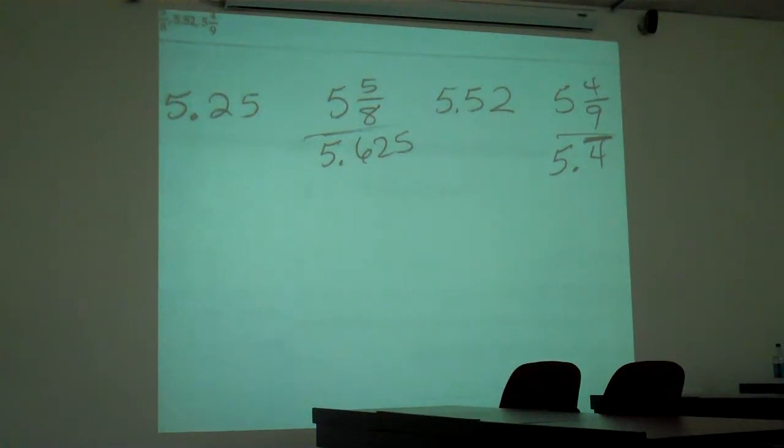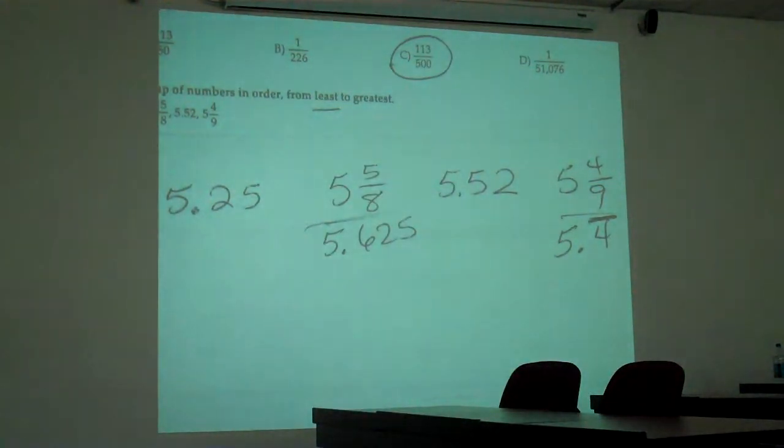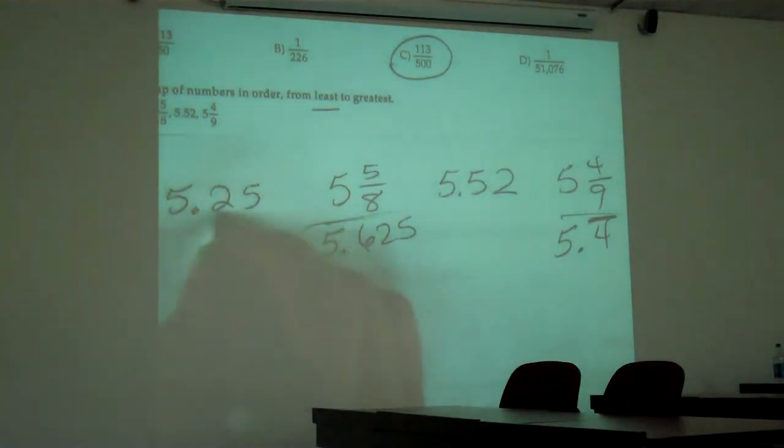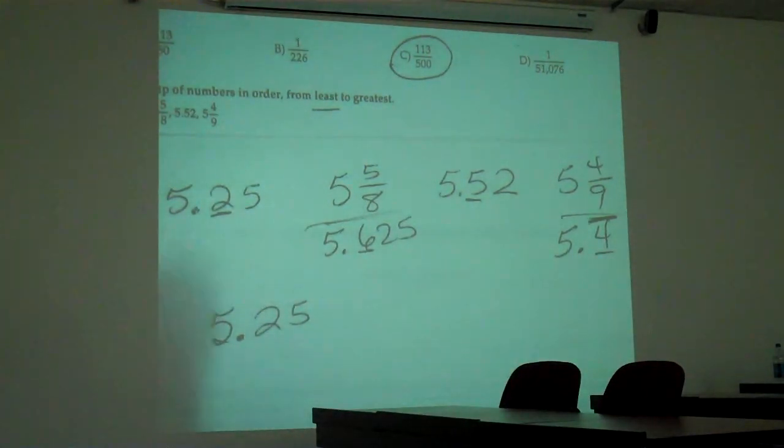Okay, so put them in order. From least to greatest. Start with the smallest one. 5.25. See, that's the first number. Choose the smallest. What's the next? Next one's this one.